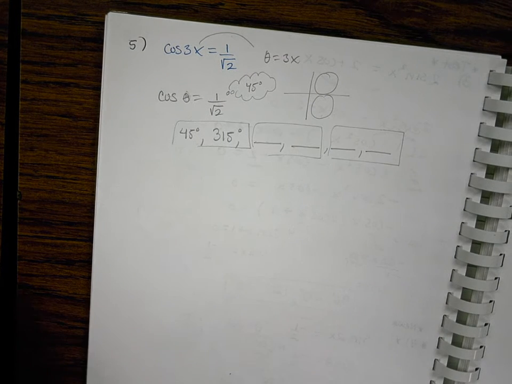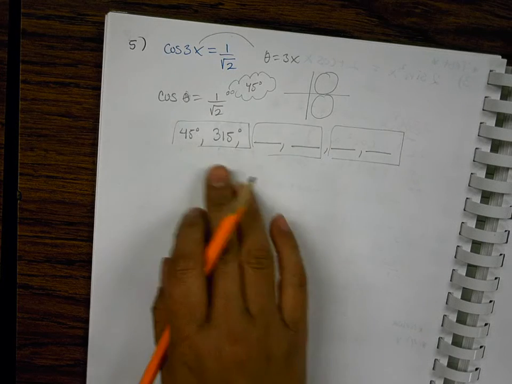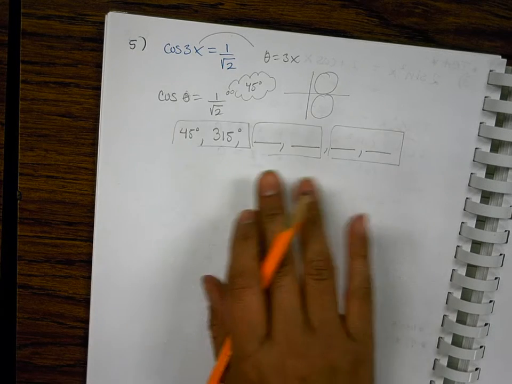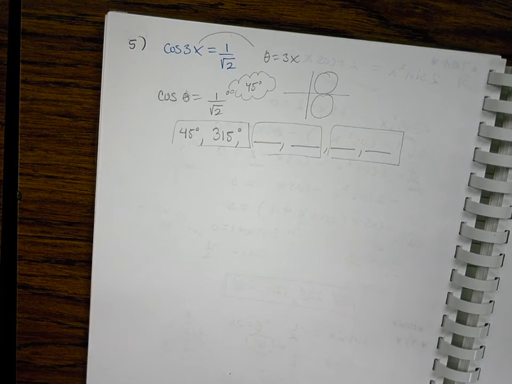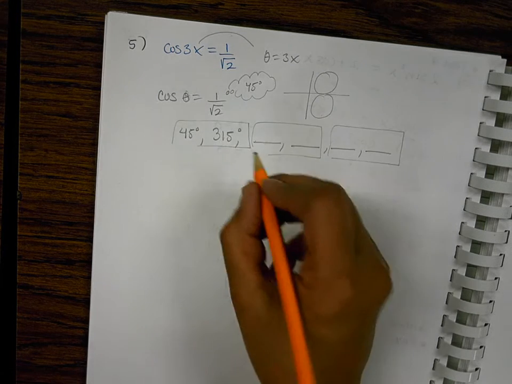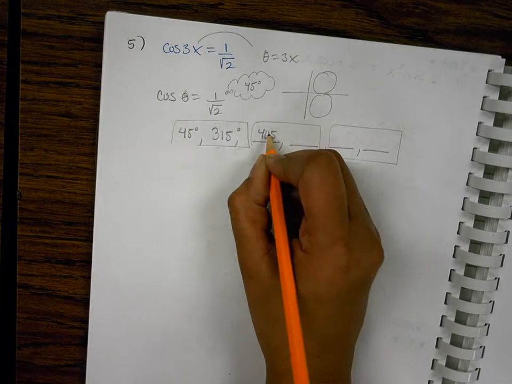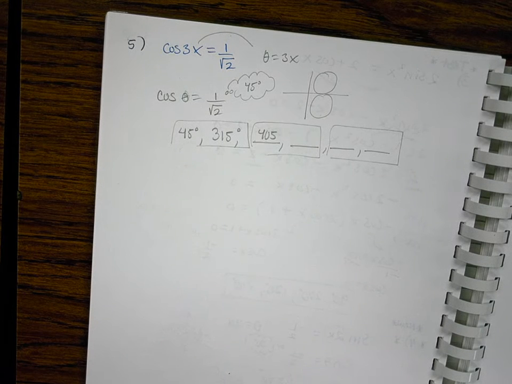Okay, I'm going to have you quickly add 360 to both of these and get that there. Do that now. $405, do the next one.